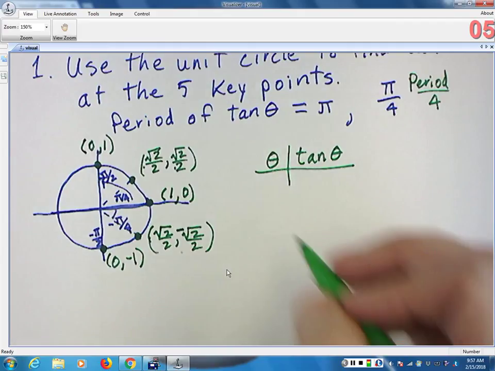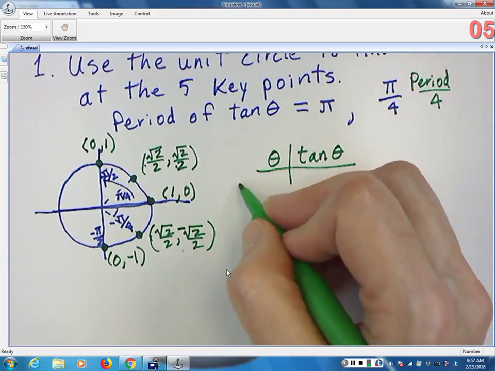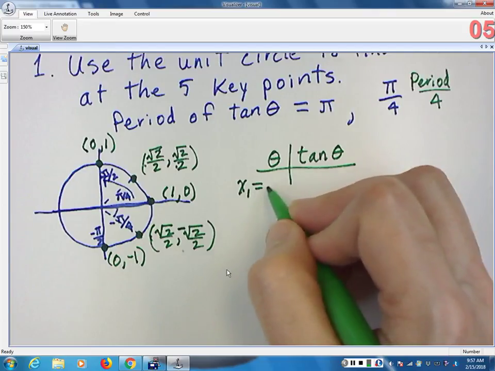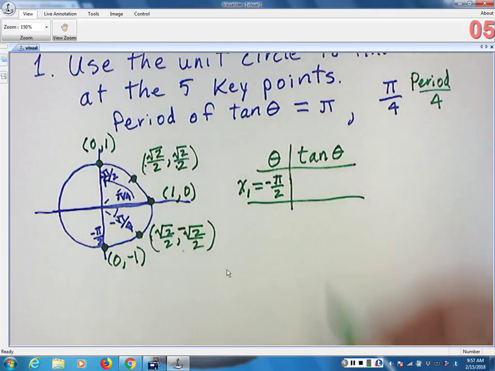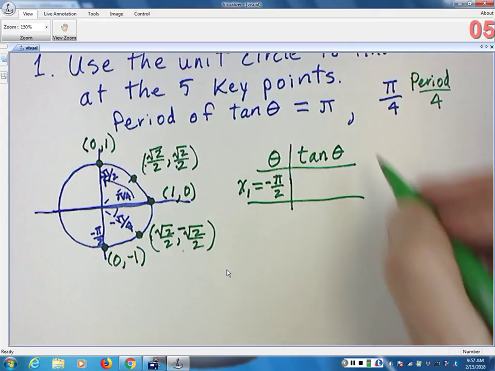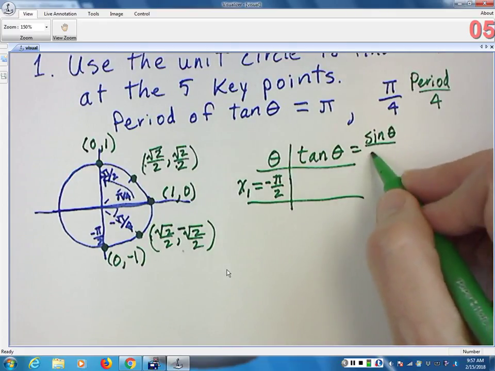For tangent, we're going to start with x1 equals minus pi over 2. And tangent is sine over cosine.